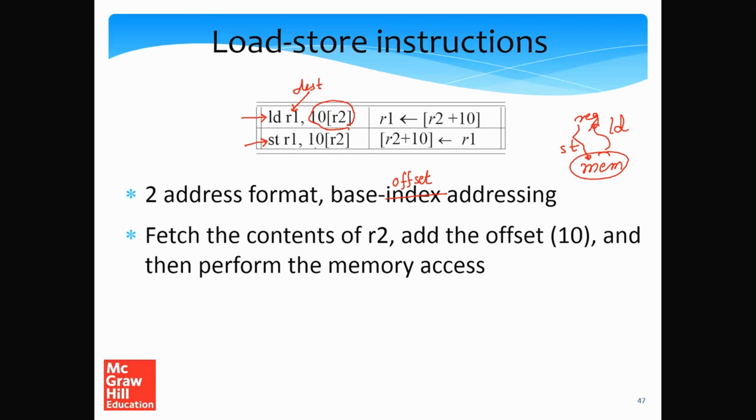The destination is memory. So the register that is actually read is specified first, and then the memory location is specified after this, using exactly the same base offset addressing mode.